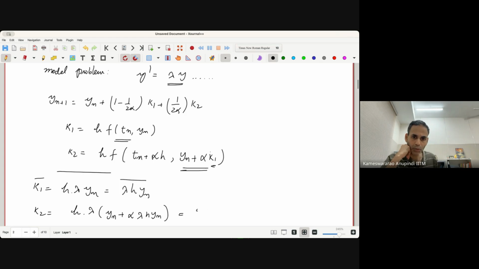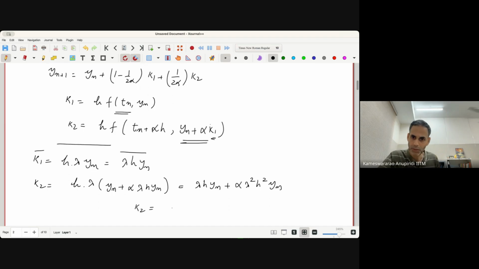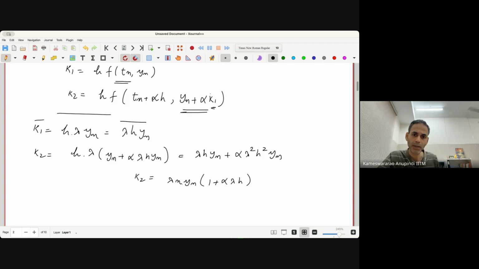That means k2 equals lambda h yn plus alpha times lambda square h square yn. Okay, that means my k2 is equal to lambda h yn times 1 plus alpha lambda h. Okay, so that is my k2.